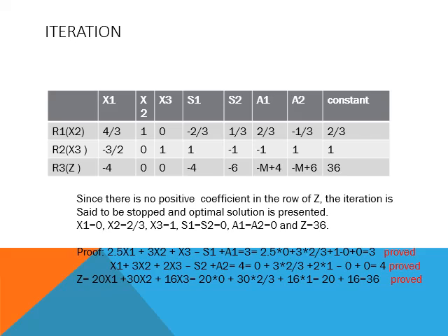Correct, proved. The next constraint is x1 plus 3x2 plus 2x3 negative s2 plus a2 equals 4. Once x1 equals 0 plus 3 multiplied by x2 equals 2 over 3, and plus 2 multiplied by 1 negative 0 plus 0 equals 4, proved.